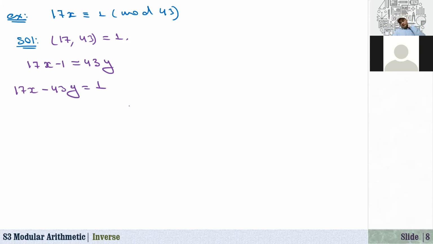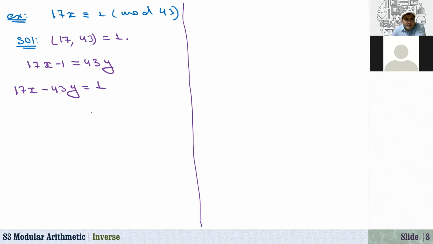Of course, if the numbers are small, you can just guess and try, and if it works, you can pick it as an answer. But numbers here are a bit big, and it may be a little bit hard to guess. So I'll use the extended Euclidean algorithm to find this x and y.